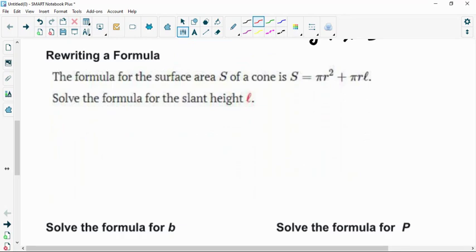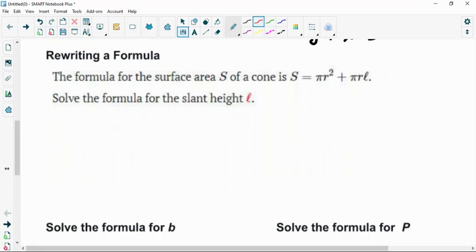The formula for the surface area S of a cone is S equals pi r squared plus pi rl. Solve the formula for the slant height L.